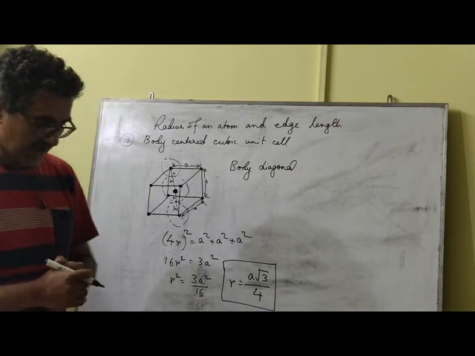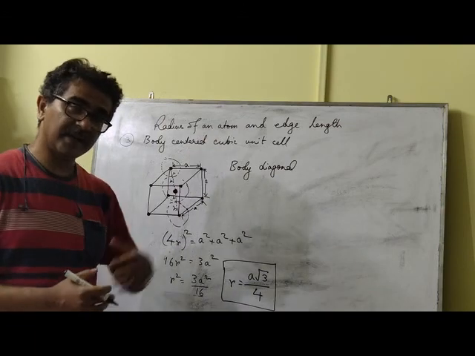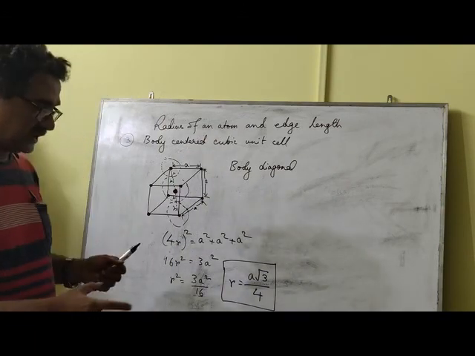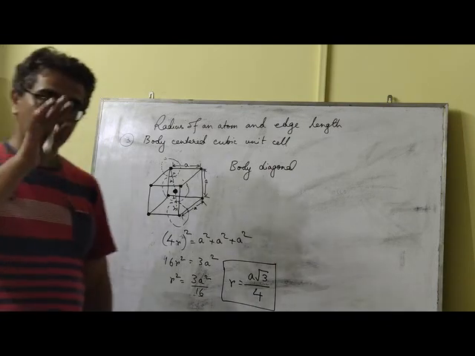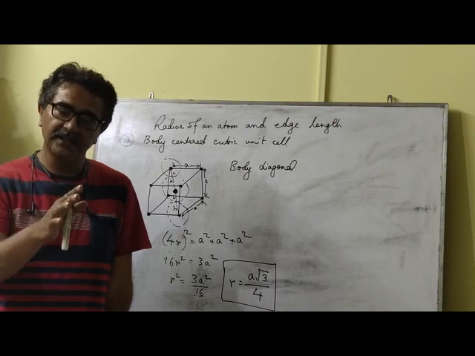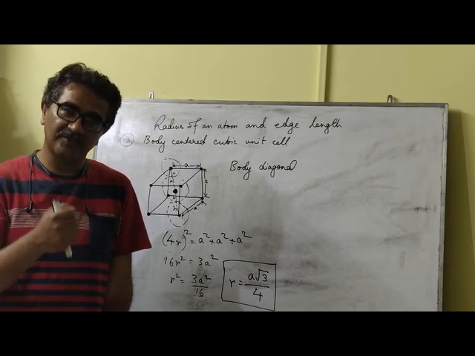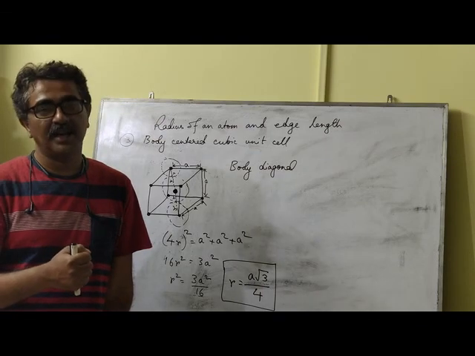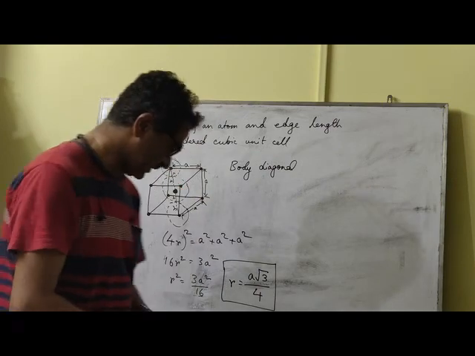Now what I'm going to do is write the entire summary of this in the form of a table. You need to learn this by heart, because this is what we require for learning how to perform calculations related to packing efficiency, which we are going to see next.